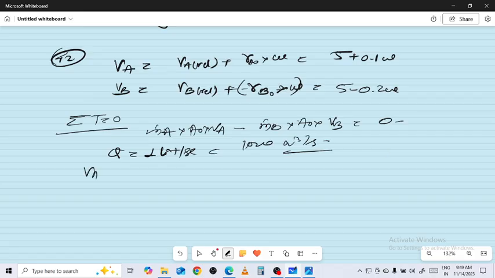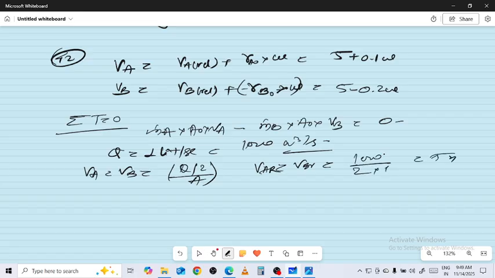Here VA is Q upon A, which is 1000 upon 5 per second, because it is distributed equally in both. So mass flow rate of A is equal to mass flow rate of B, which is rho Q by 2.